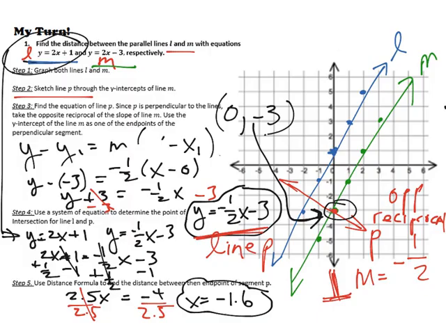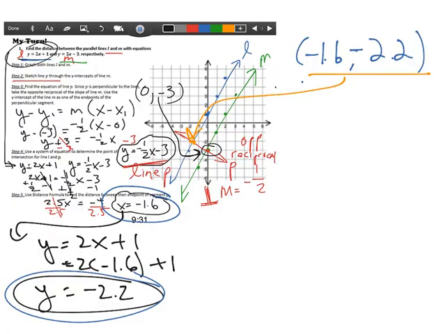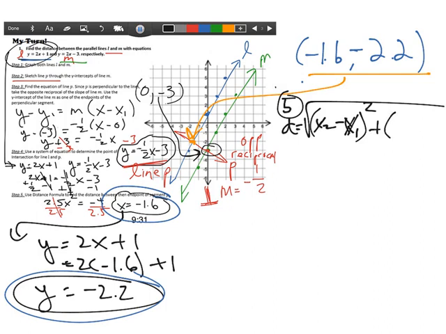And we're going to go ahead to step 5. In case you can't see it, it says use the distance formula to find the distance between the endpoint of segment P. So we'll take step 5 here. Again, we'll be using the distance formula, and we've been using this quite a bit. So the square root of x2 minus x1 squared plus y2 minus y1 squared.